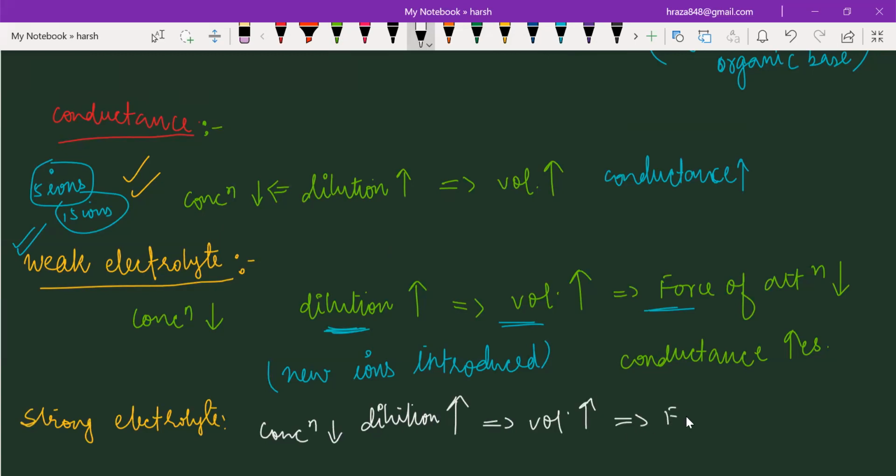That means the force of attraction decreases. And you know that a strong electrolyte is already 100% ionized, so there will be no more ions added due to dilution, because it is already dissociated 100%, and conductance increases. Are you getting my point?